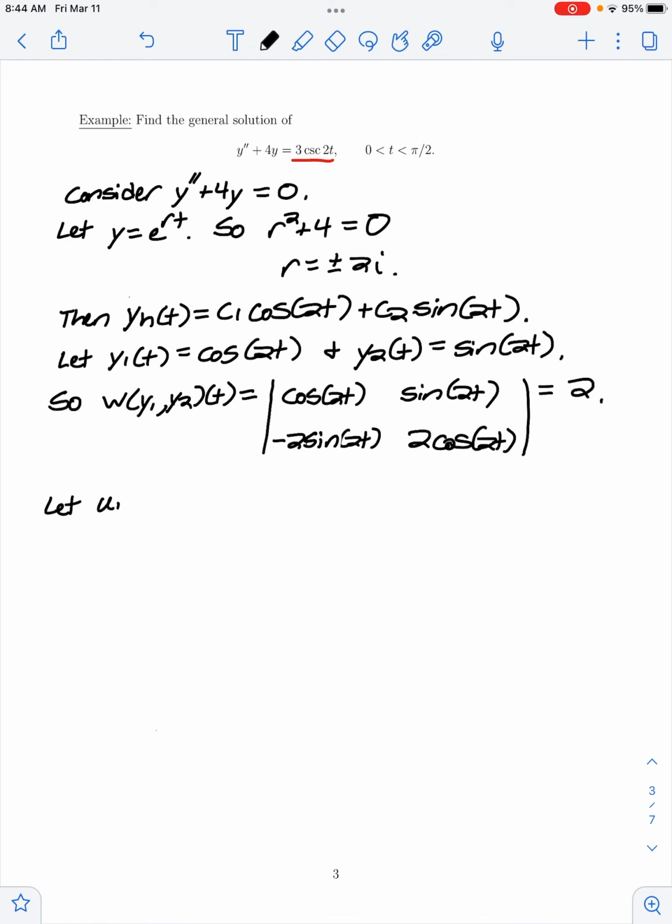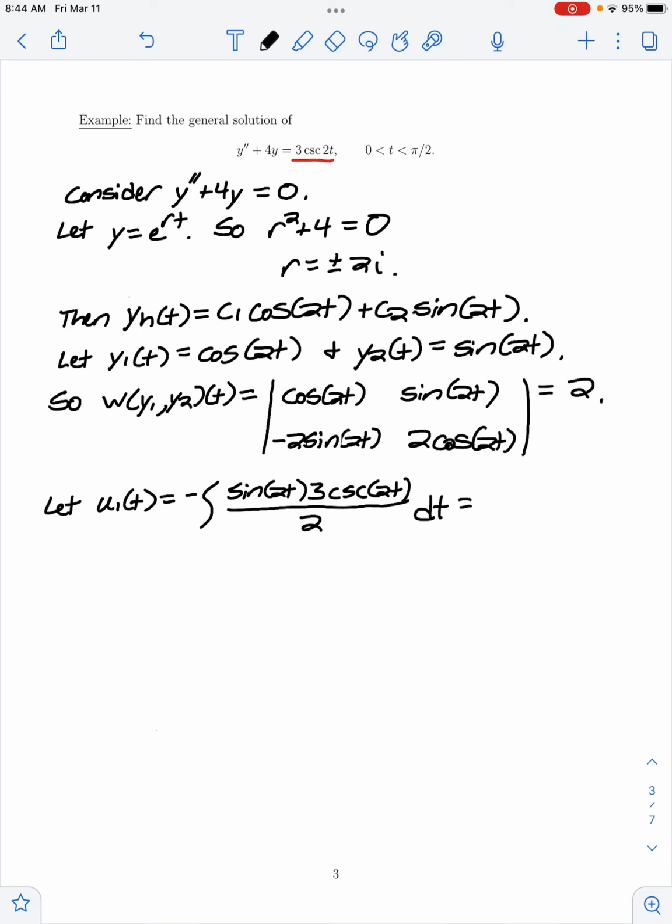So here, u1 of t was defined as the negative integral of y2, which is sine of 2t, times g of t, which was 3 cosecant of 2t, over the Wronskian, which we just found to be 2, dt.